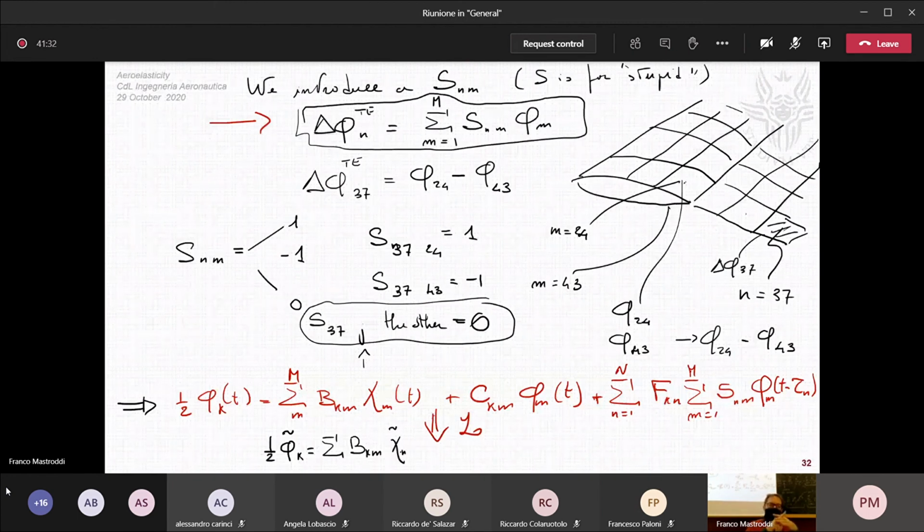Currently we have the unsteady value of the normal component of the velocity to the aircraft wall, plus c summation for m running from 1 to capital M, c_km phi tilde_m, plus we have a double summation of f_kn and S_nm.